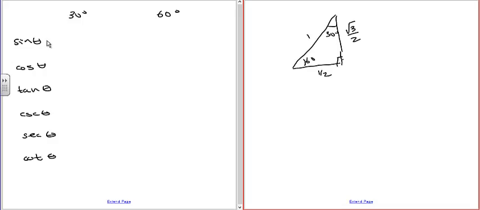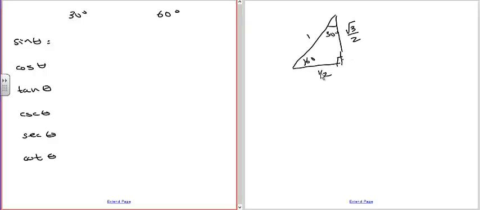Sine is opposite over hypotenuse, so you get the square root of 3 over 2. The cosine is a half. For 60 degrees, they switch around. I did that wrong again.